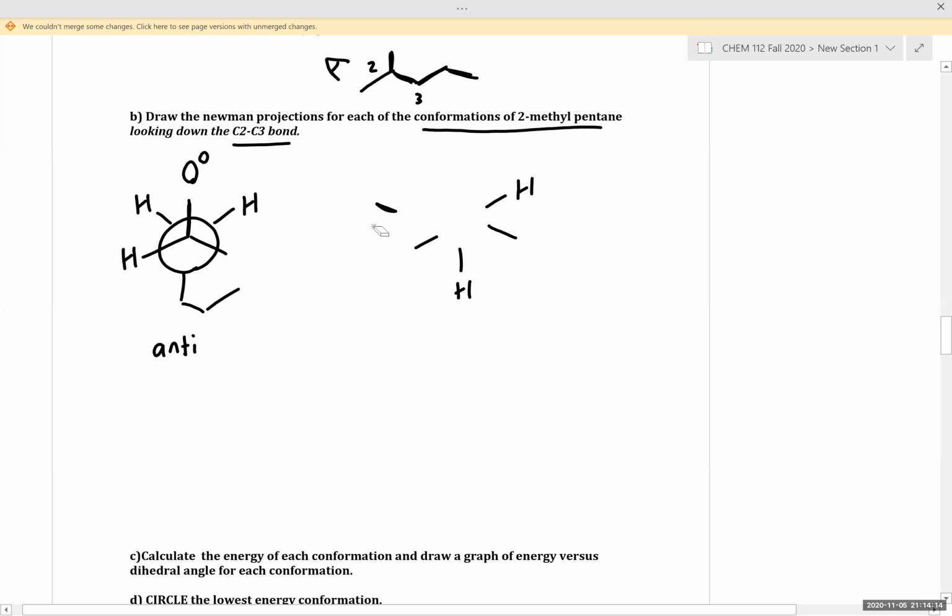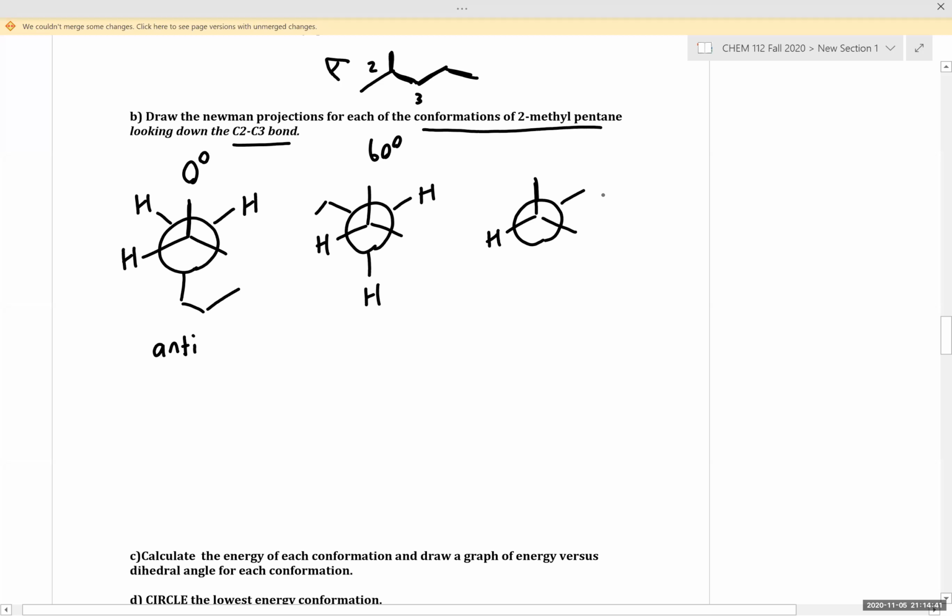Let me draw these a little bit closer so that we have enough space. Is everyone comfortable with how I've drawn out these initial Newman projections? Does this make sense to everyone so far? Yeah. Don't be shy to stop me with a question, as this review is really for you. So if you have any questions, it would be good to ask.